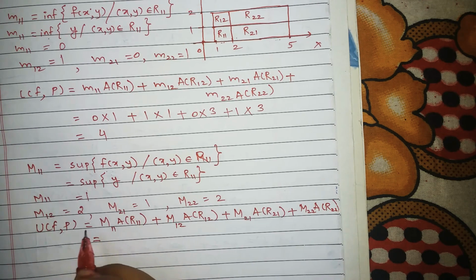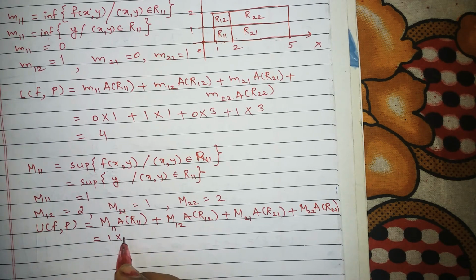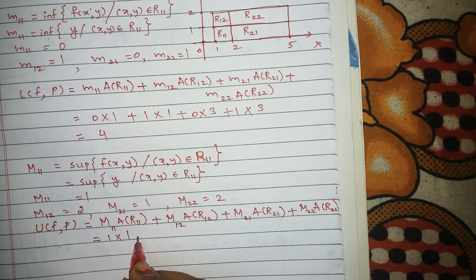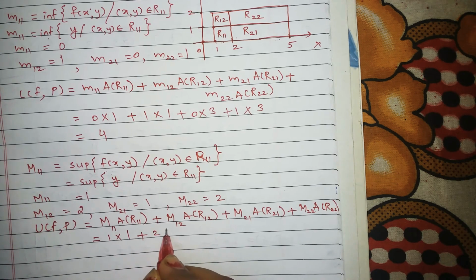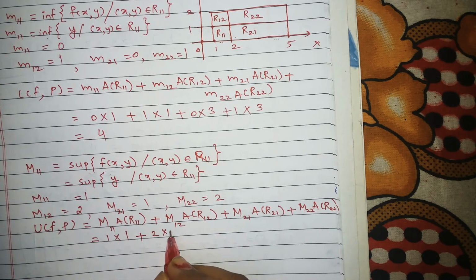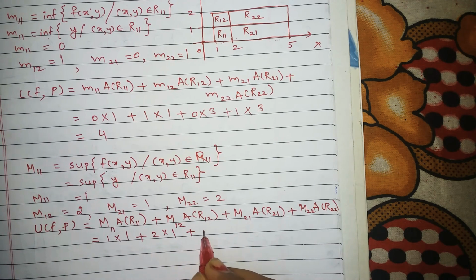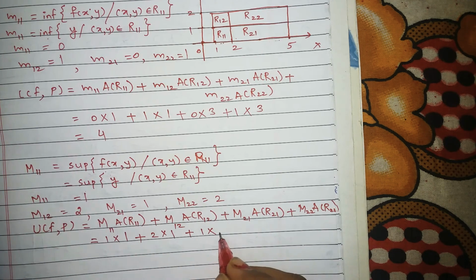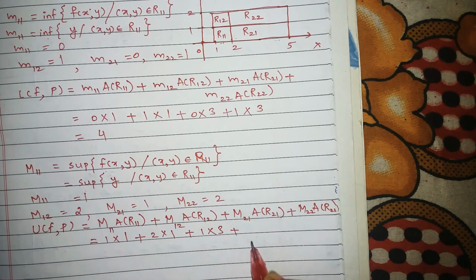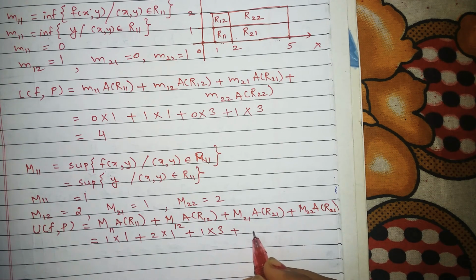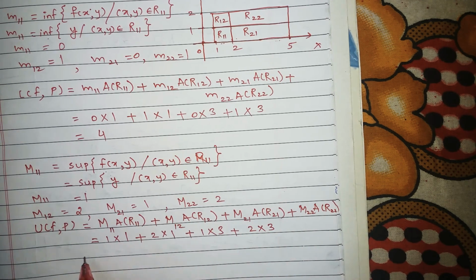So this is, let's write 1, area of subrectangle R11 is 1, plus 2, area of subrectangle R12 is 1, plus M21 is 1, area of subrectangle R21 is 3, plus M22 is 2, area of subrectangle is 3.